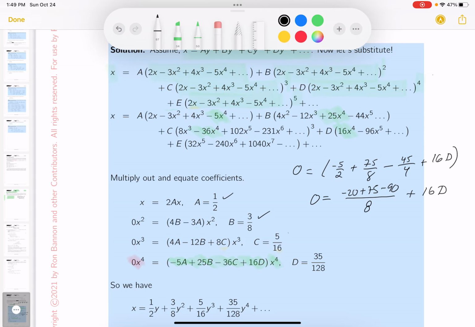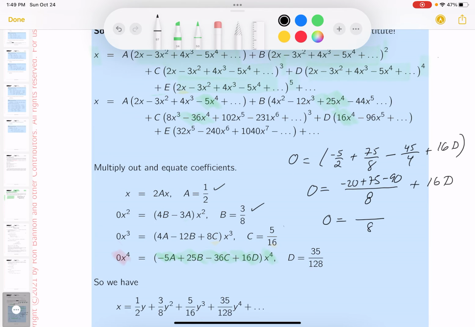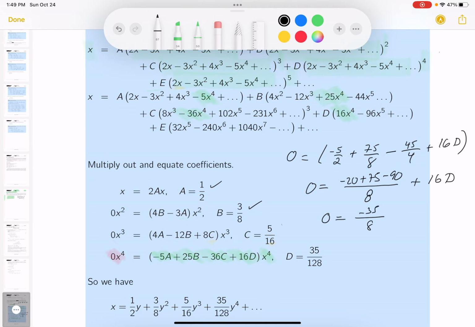And you're going to get 0 equals, that's an 8 still. And you get minus 20 minus 90 is minus 110. Looks like minus 35 now. Plus 16d. So 16d would equal 35/8.